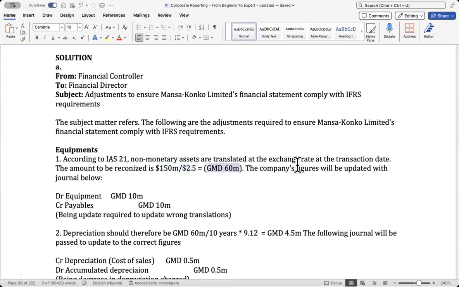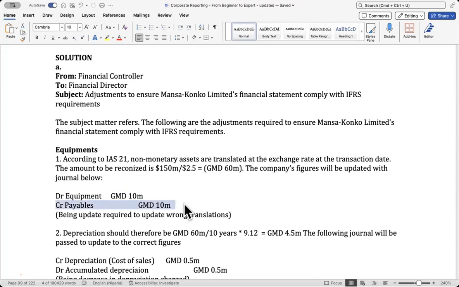So the company's figure will be updated with the journal below. You know that they recognized 50, but it should be 60. So I will debit equipment with 10 and credit payables with 10, because they have not paid. They told us they won't pay until March.